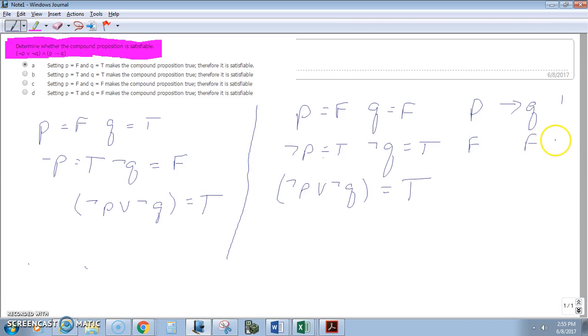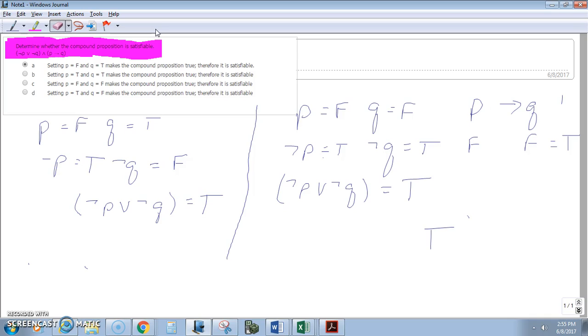So that has happened neither time that I've done this. So this is also true, as P goes to Q is true, and two truths make a true for the whole compound proposition.